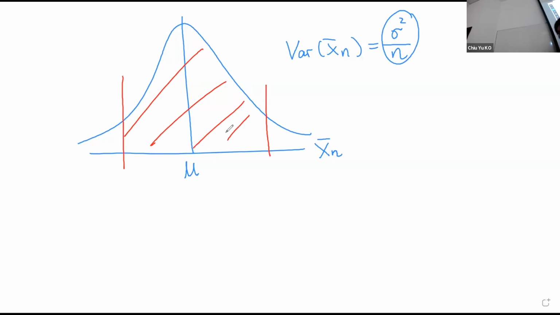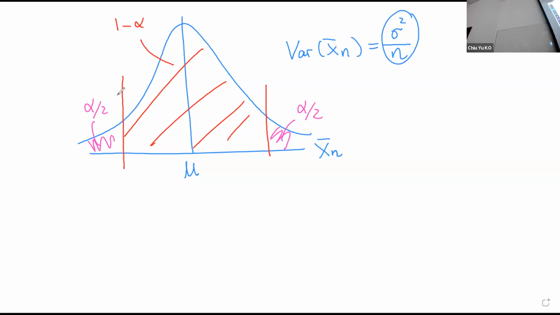Suppose I want this area to be 1 minus alpha, where alpha is a very small number. If I want this area to be symmetric about mu, that means that this tail area is alpha over 2, and this tail area is alpha over 2, and this is a bell.